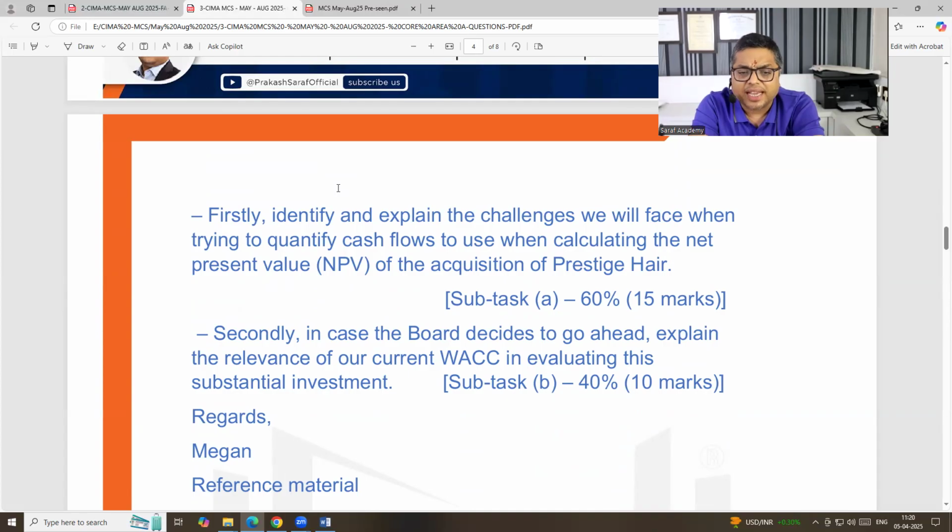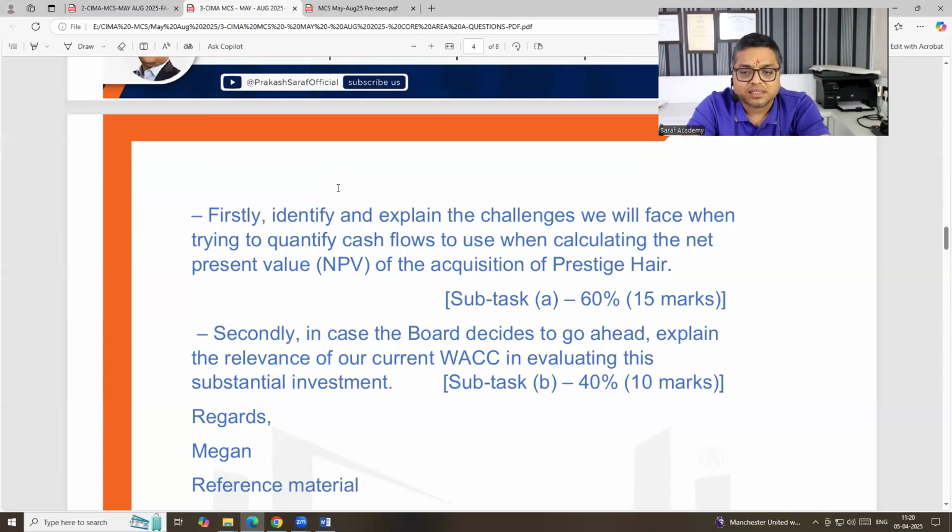Firstly, identify and explain the challenges we will face when trying to quantify cash flows to use when calculating the net present value of the acquisition of Prestige here. Again, first you need to identify, find out, and then explain the challenges.